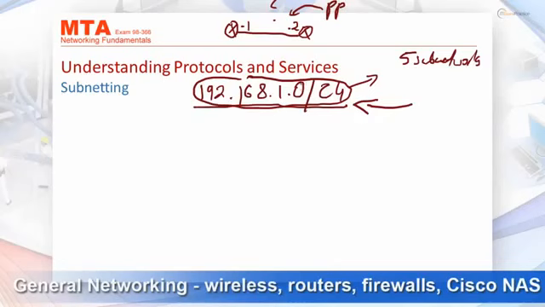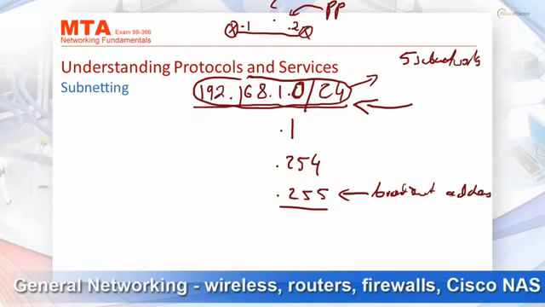Do you remember? 0 is network. Yeah, we start with 1. What is the last IP address? The last IP address is 254. Usable IP address. And 255 is a broadcast address.